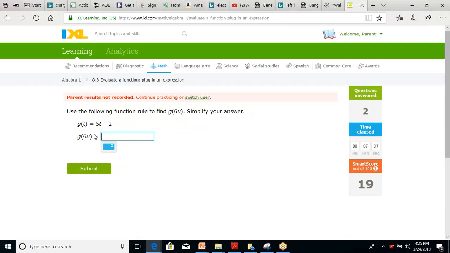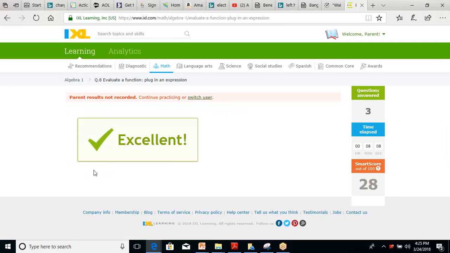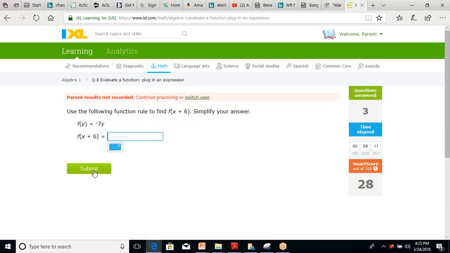So you're going to get 30U minus 2. All you're doing is substituting the value for T right there, and T is 6U. So it will be 5 times 6U, which is 30U minus 2. Are you following? You follow that? Yes. Okay, good.